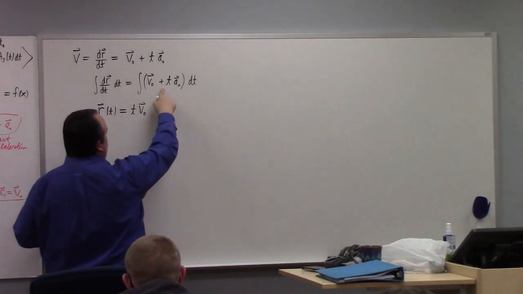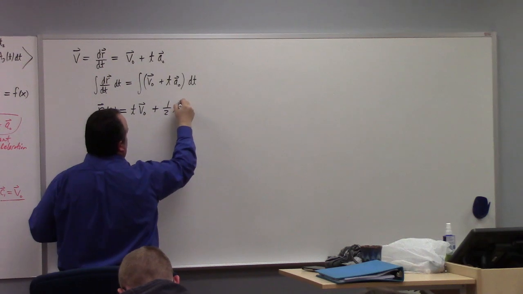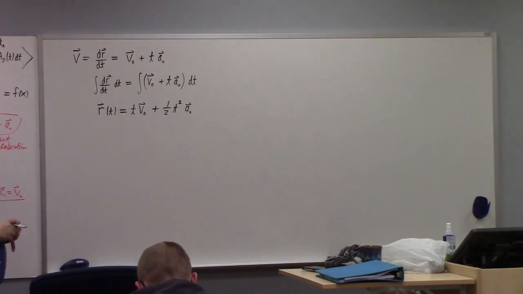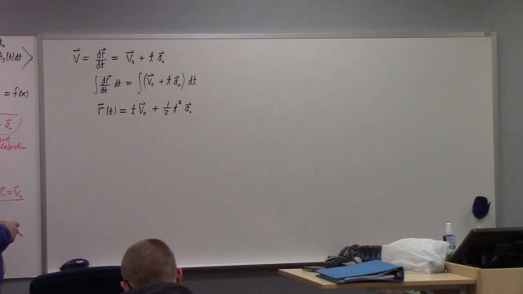What do I need to write down here? How about plus 1/2 t squared a sub naught vector? If I differentiate that, that gets me back to t times a sub naught. You're able to do that because acceleration is constant. If acceleration is not constant, it's another ballgame.